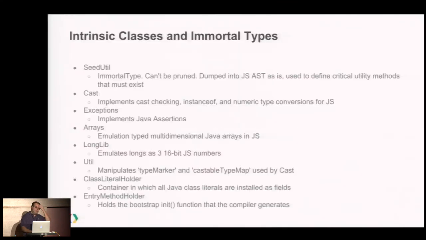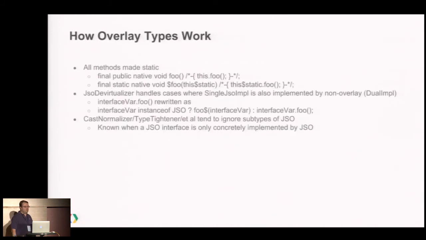The way it does that is, first of all, overlay types do not have any prototype. They don't have any constructor backing them. They are really almost like C macros in a way. When you have a method on a JS overlay type, the compiler turns it into a static method, so there's no this pointer, there's just a parameter.